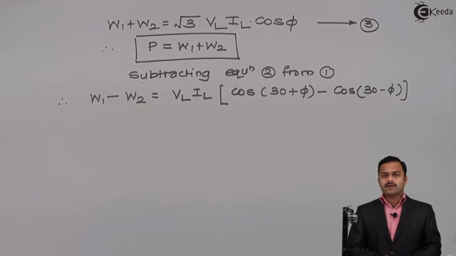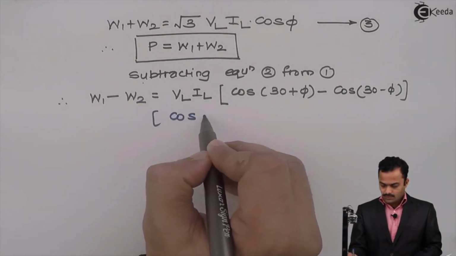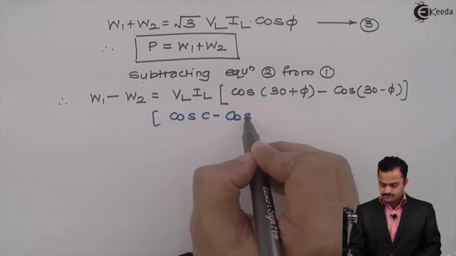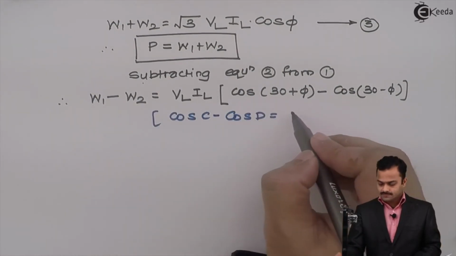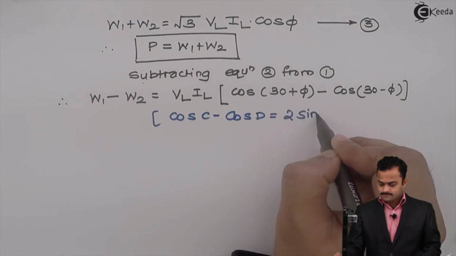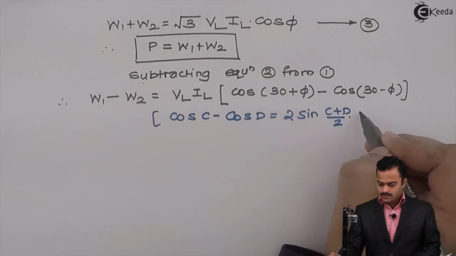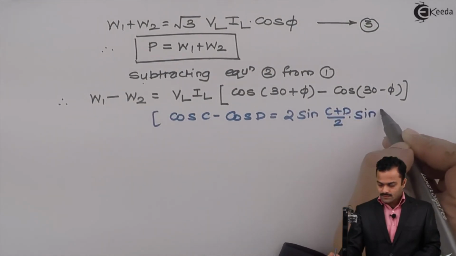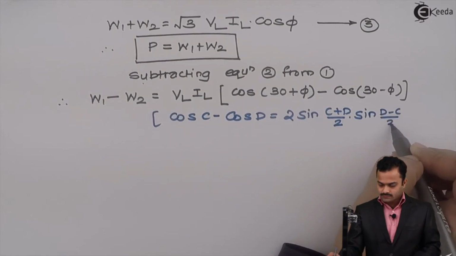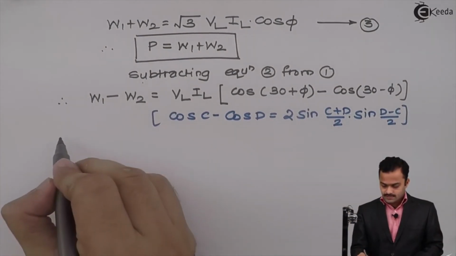Here the formula that we are going to use is cos C minus cos D, and that is nothing but 2 sin (C plus D) by 2 into sin (D minus C) by 2. Let's use it.